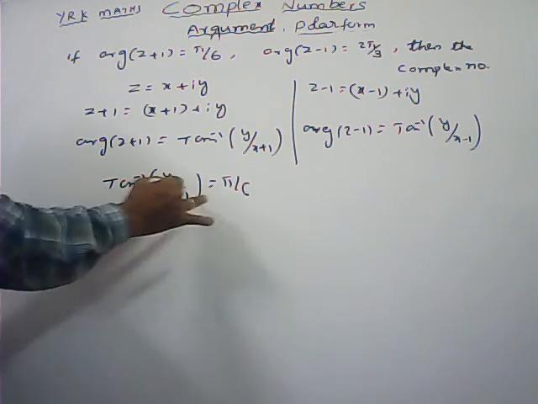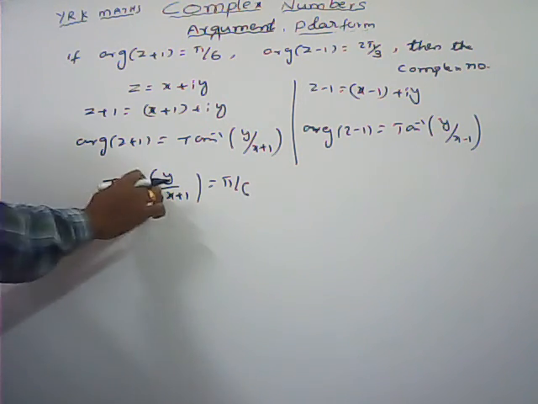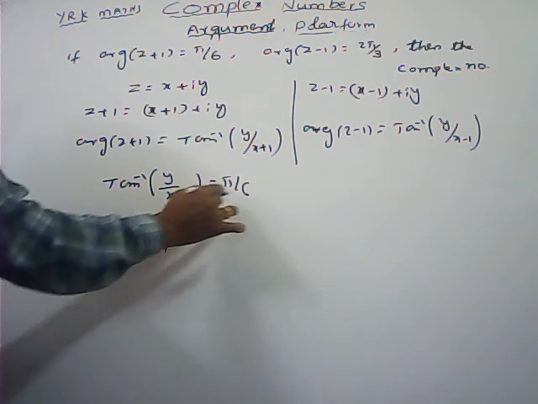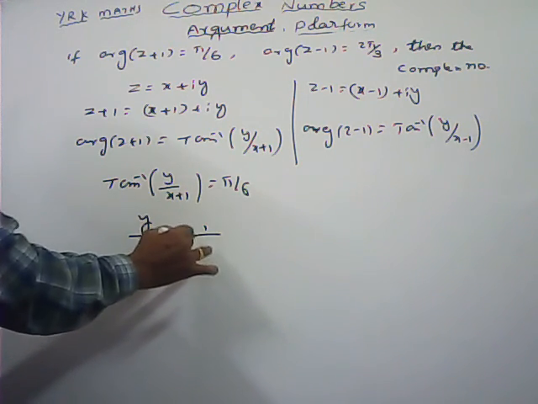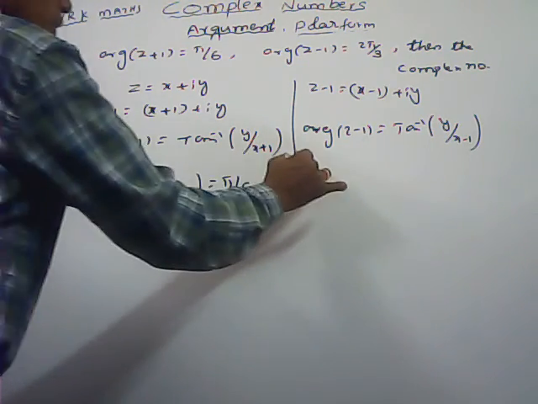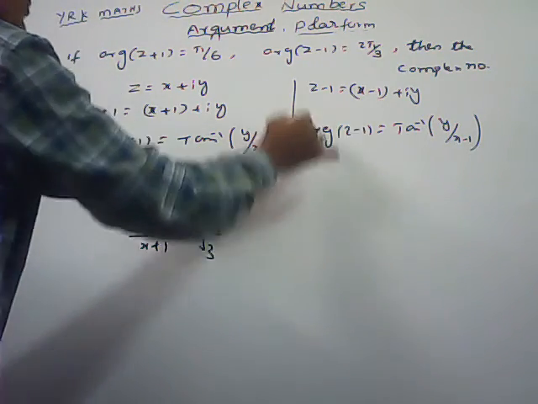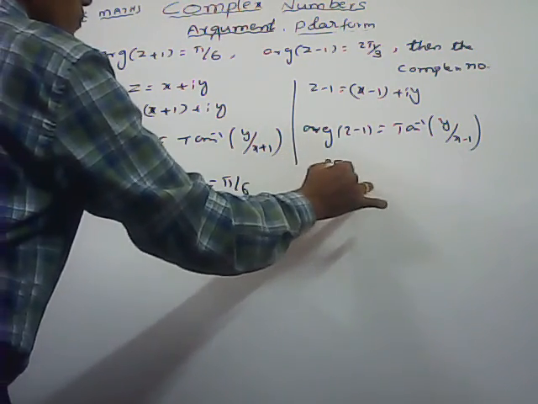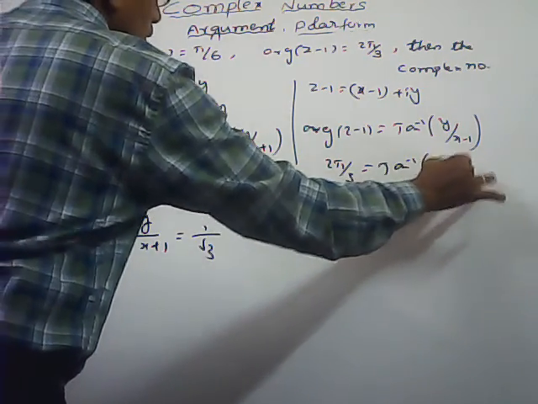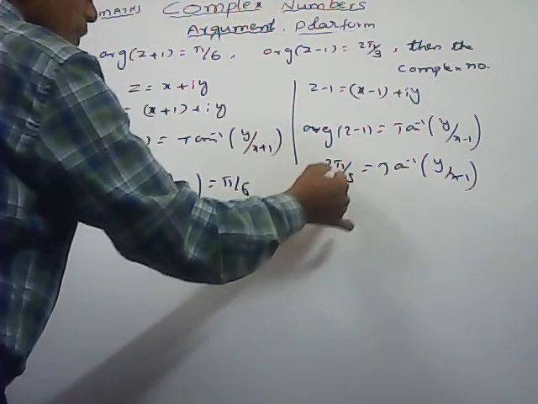If I take tan on both sides, tan of tan inverse, here we can write y by x plus 1 equals tan pi by 6, that is 1 by root 3, tan 30 degrees is 1 by root 3. And here also what is given, argument of this one, 2 pi by 3, is equal to tan inverse y by x minus 1. Now here also I am taking tan on both sides.